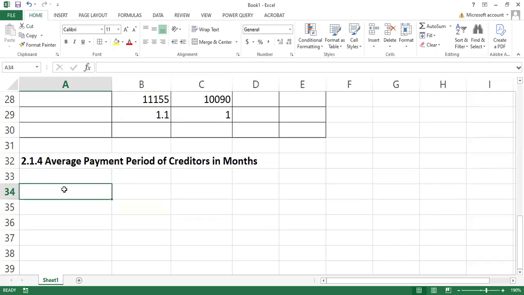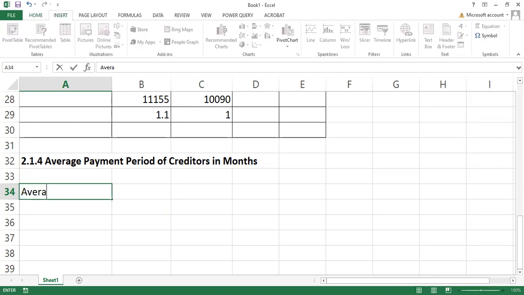Now, we need to know the formula first. So our formula says average creditors, and then divided by what?